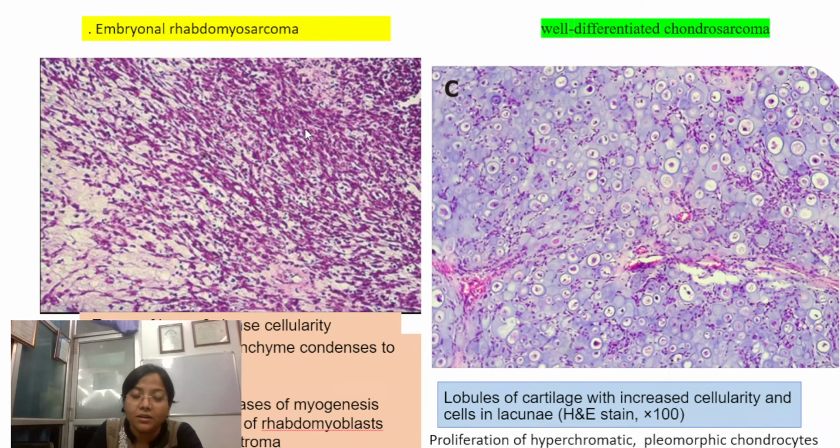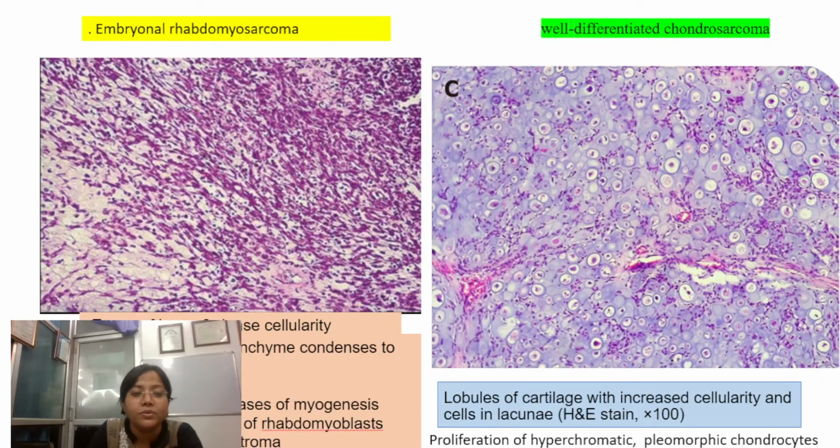So in another photomicrograph in high power view, the loose primitive mesenchyme condenses to form them, exhibiting all cellular phases of myogenesis and zones of loose and dense cellularity. These are the loose and these are the dense cellularity you can find in the embryonal variety of rhabdomyosarcoma.